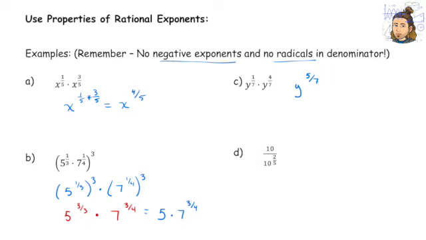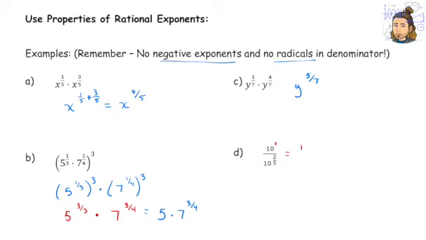Okay. This next one here, we have division. So we'll take 10 divided by 10 to the 2/5. What we need to remember is that when we have 10, there's a 1 written there that we don't normally write because we're good mathematicians and don't write things unless we have to. So for us to add or subtract these, we need a common denominator, so that denominator needs to match.